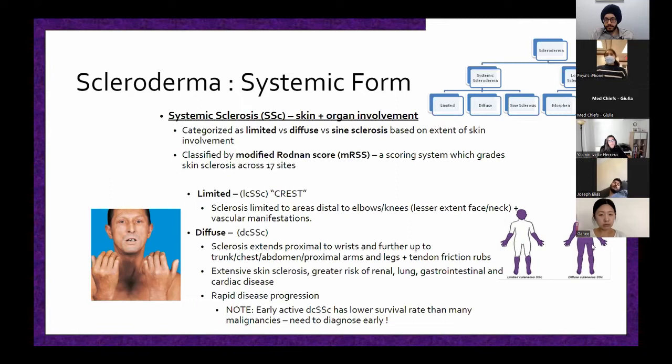We're talking weeks to months in terms of disease progression, and their survival rate is lower. So it's important to also rule out concomitant malignancies. It has been reported very commonly with scleroderma compared to some of our other autoimmune diseases. There's a high risk of malignancy associated with scleroderma, so you do want to look for that early on as an underlying driver of disease.